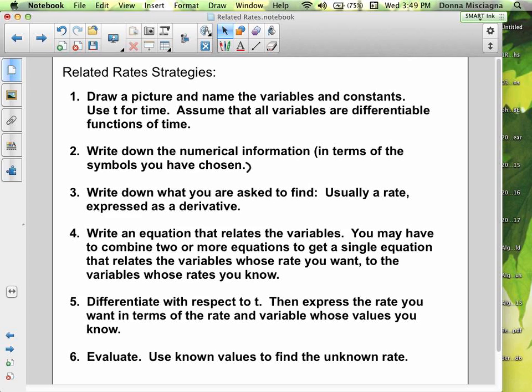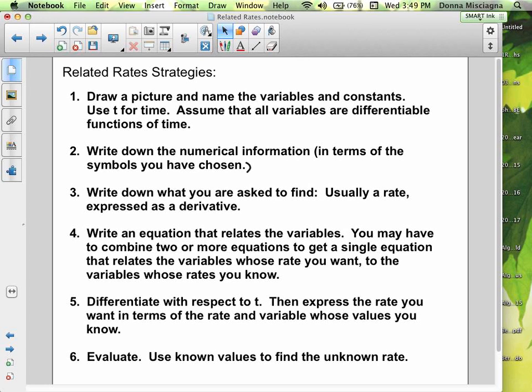And when we're talking about equations, often they're going to involve common equations from geometry or algebra. Like, for instance, the area of a circle, or the volume of a cube, or the volume of a prism, or Pythagorean theorem. You'll see a lot of those formulas that you've used in the past be used here when we're solving related rate problems.